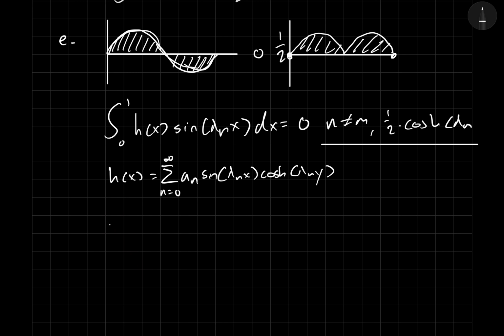Over here you just plug in h, and let's actually take the sum out. You're allowed to move the sum outside, and you can move this outside the integral too, and you can also move all the y out of the integral. I think this is going to be for y equals 1. So we want to figure out what this is for y equals 1, so let's just do that.